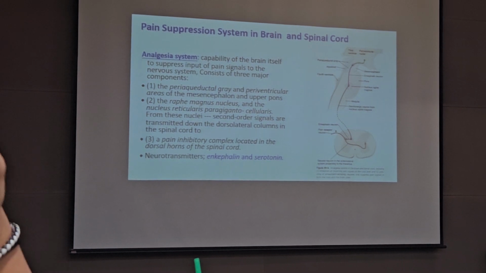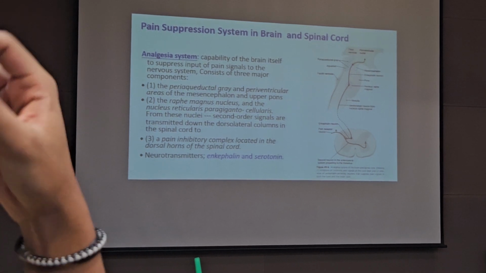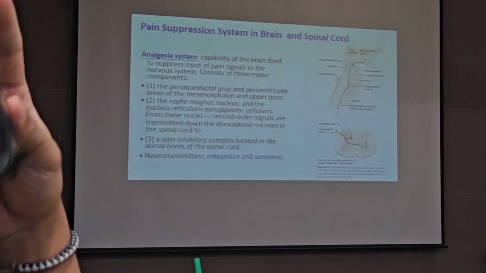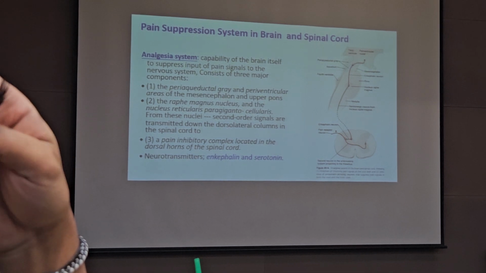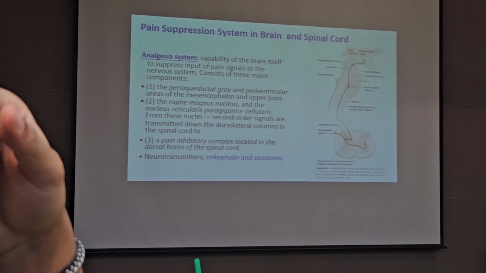From the second order neuron, they give inhibitory effects at the dorsal horn.